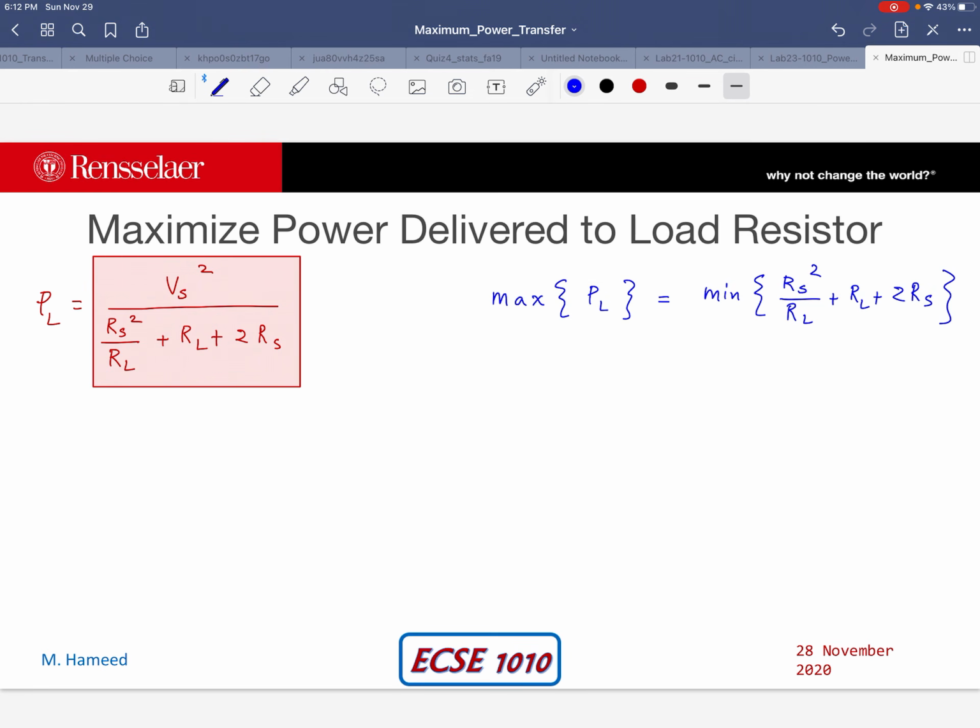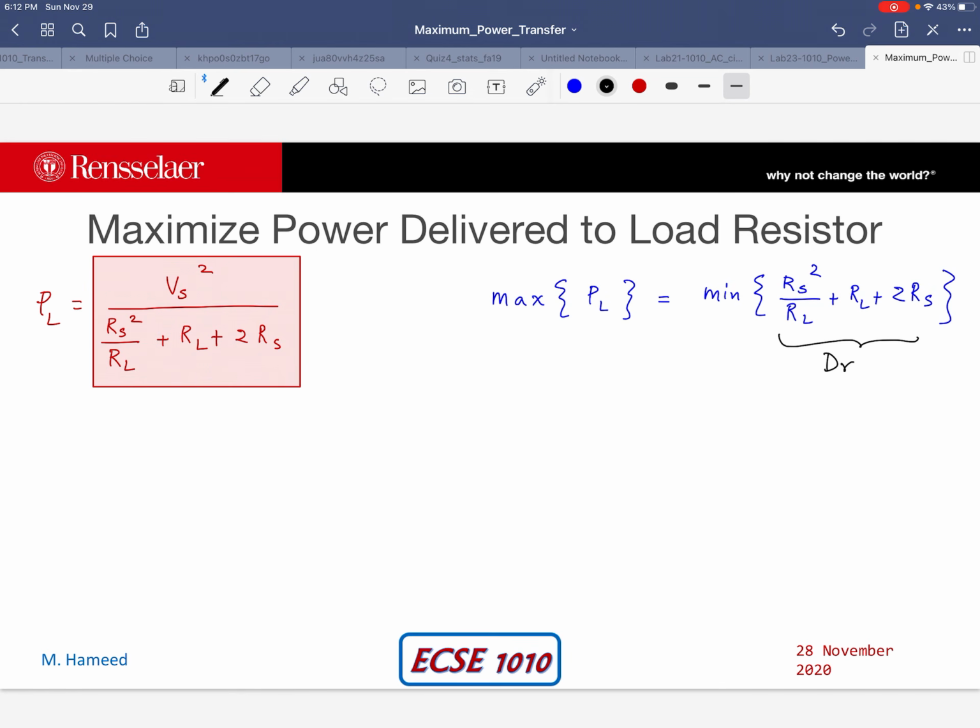And if I were to minimize this function, let me just call that, say, DR for denominator.